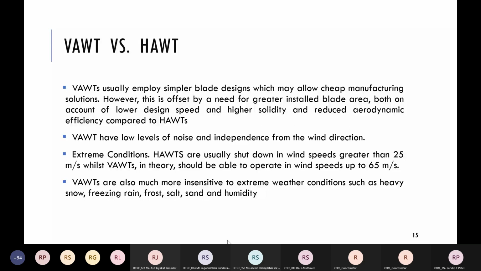So that makes it superior in very gusty or very high wind regions, like in high mountains. Another point is that it is insensitive to extreme weather conditions such as heavy snow, freezing rain, frost, salt, sand, humidity, etc.